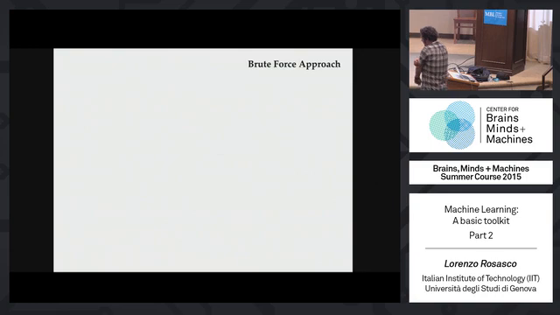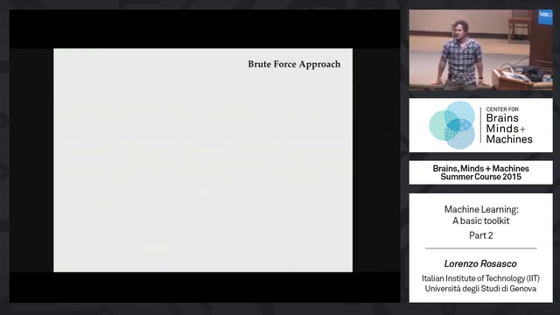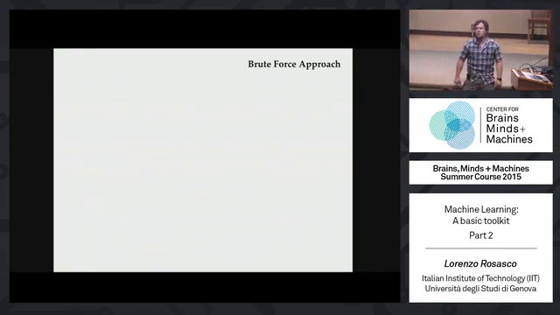So suppose that you have infinite computational power. Okay, so the computation is not your concern. And you want to solve this problem. How would you do it? Suppose that you have the code for least squares, okay? And you can run it as many times as you want.